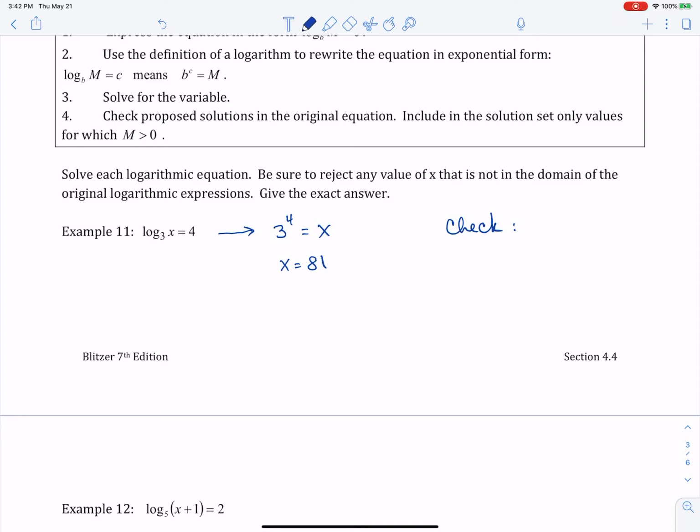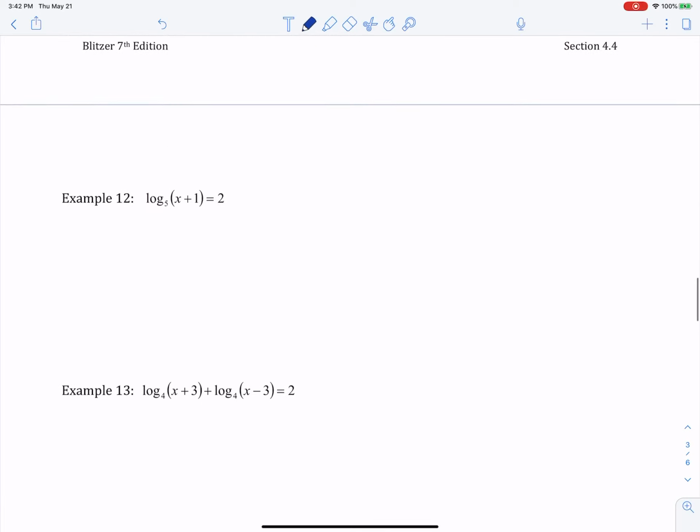For the logarithmic equation I must check, I must make sure that my answer is possible. Plug in x to be 81 and use a calculator or properties of logarithms. That's logarithm base 3 of 3 to the 4th, and based on properties of logarithms, this is equal to 4, so I have worked correctly.